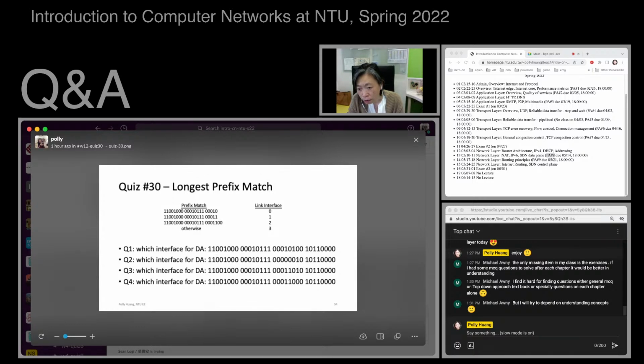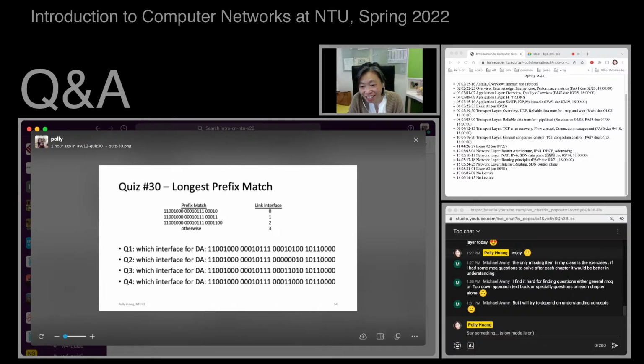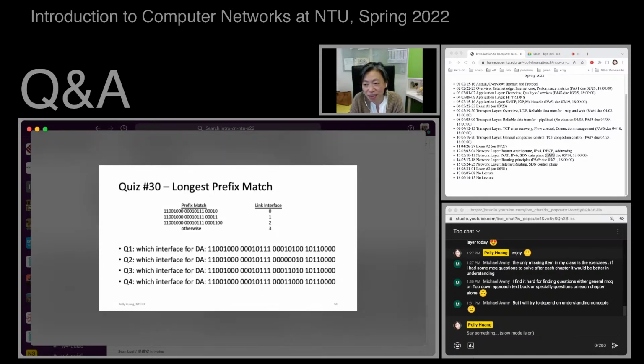And then the first 3 bits in the third 8-bit match, but the fourth didn't match. So Q2 destination address did not match any of the first 3 entries in the routing table. Therefore, we take the otherwise interface, which is port 3. Very good.